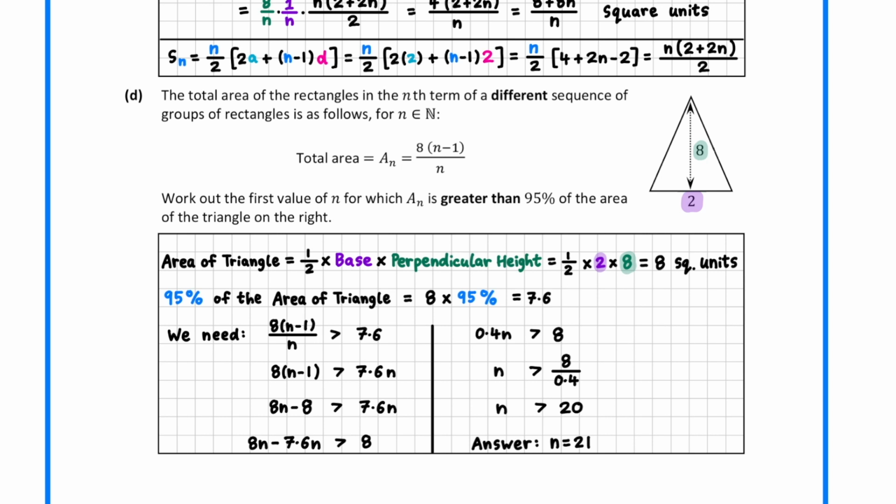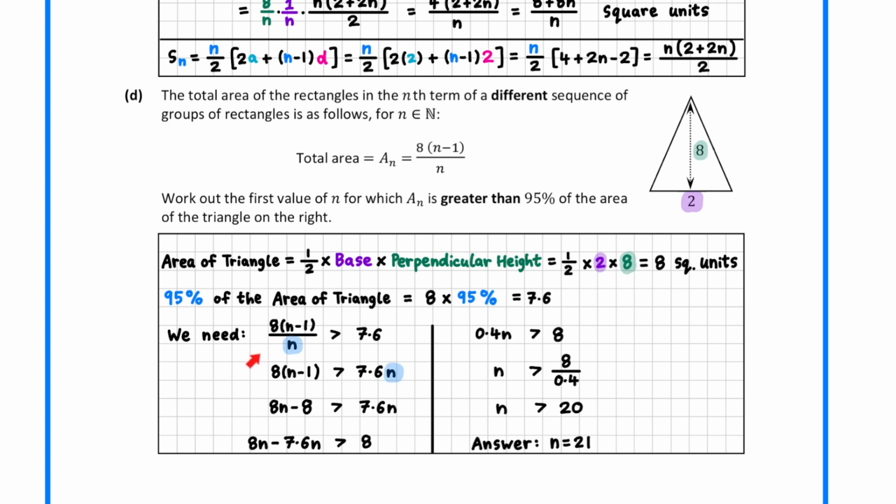We need an, which equals 8 times n minus 1 all over n, to be greater than this value. We can solve this inequality to find the value of n.